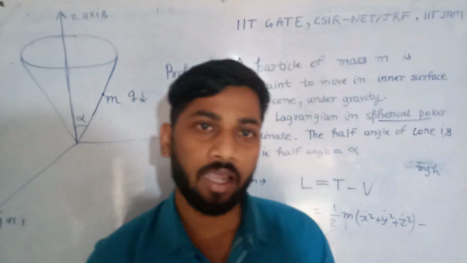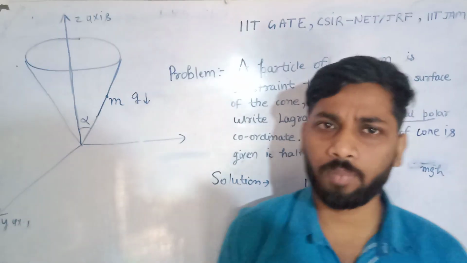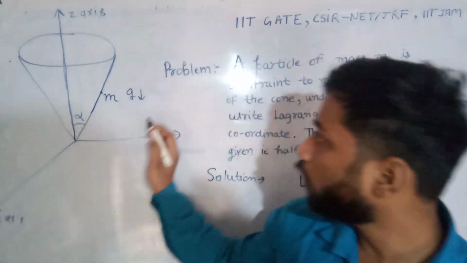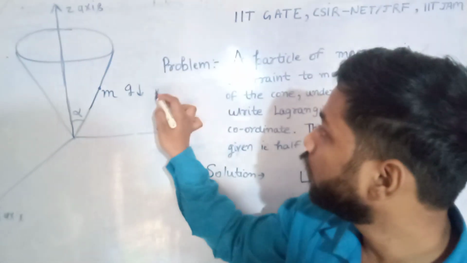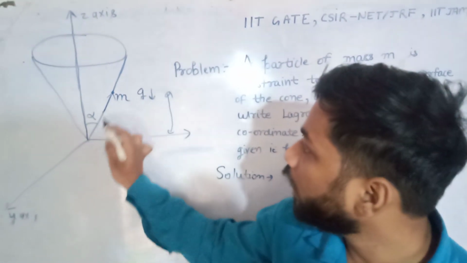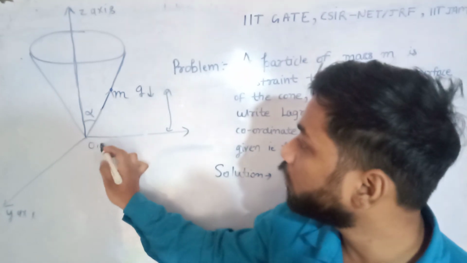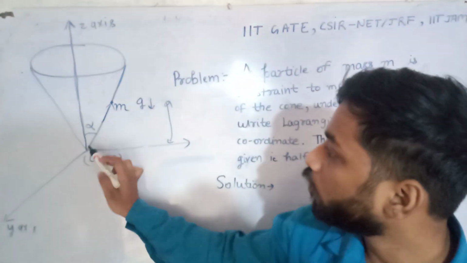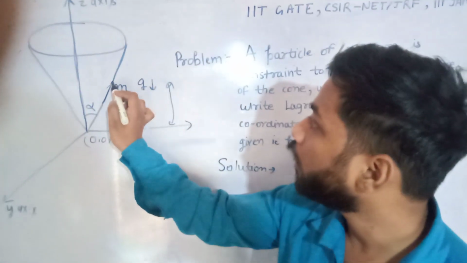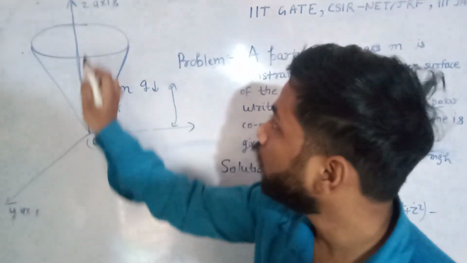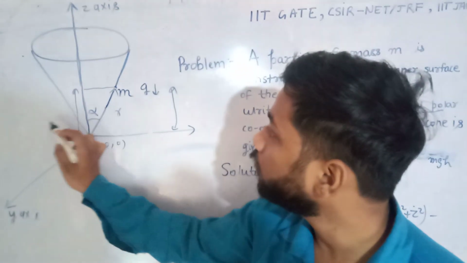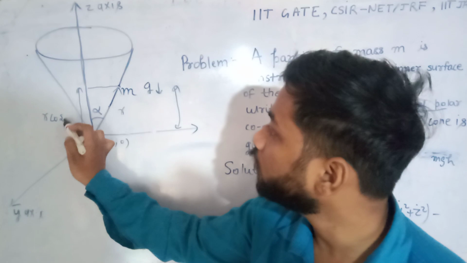What is h here? h is the height of the particle from the ground. So what is the height here? From here to here, let us consider here is my origin. From here to here it is r. If I draw a perpendicular to the z axis, this distance will become r cos theta.